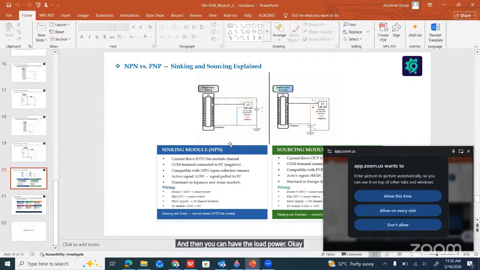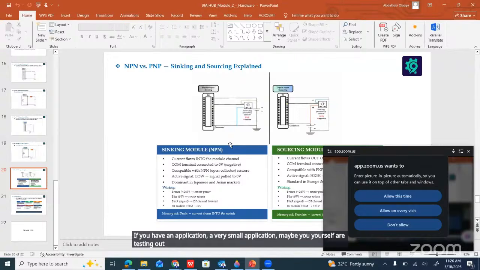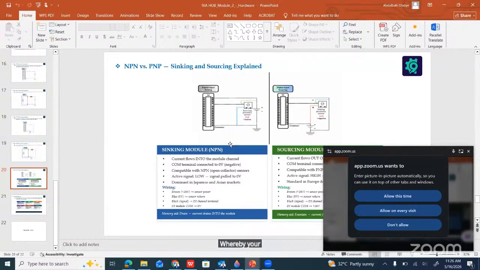If you have a very small application, maybe you are testing out, the power you are supplying to the PLC is enough to carry the IOs that you have. It will look as though the PLC is the one supplying all the power required even for your inputs and your outputs.